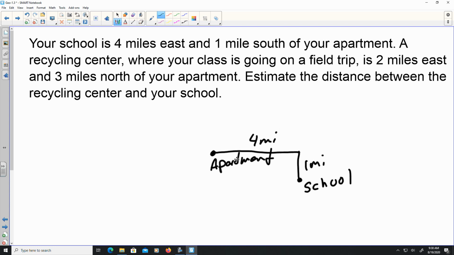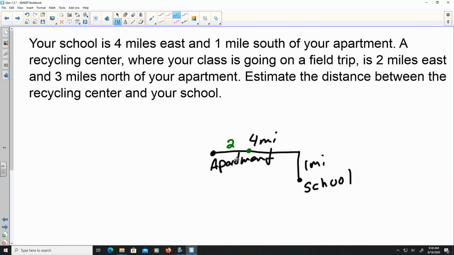It says a recycling center where your class is going on a field trip is 2 miles east and 3 miles north of your apartment. They want you to estimate. So 2 miles east, so that's where 2 is.